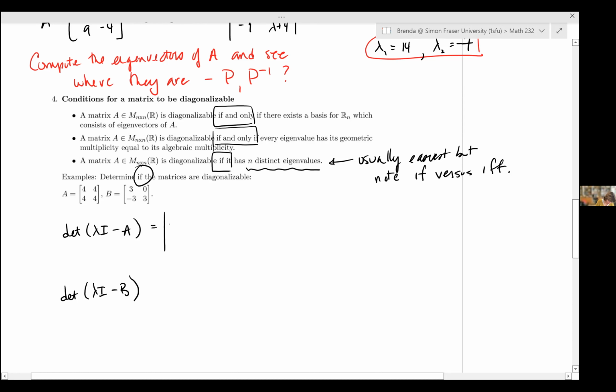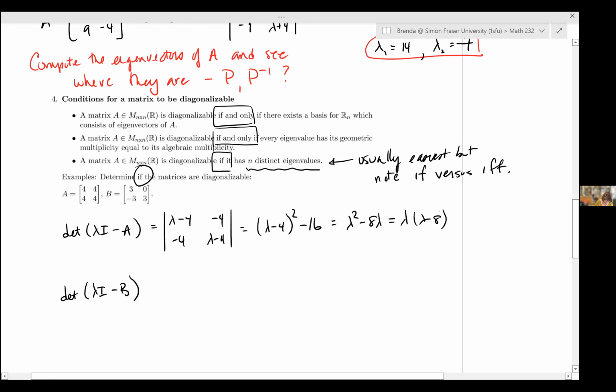That will be then the determinant of lambda minus 4, minus 4, minus 4, lambda minus 4. And that is going to be lambda minus 4 squared minus 16. And that is going to be lambda squared minus 8 lambda, and that's lambda times lambda minus 8.